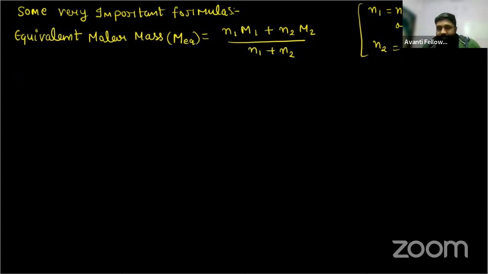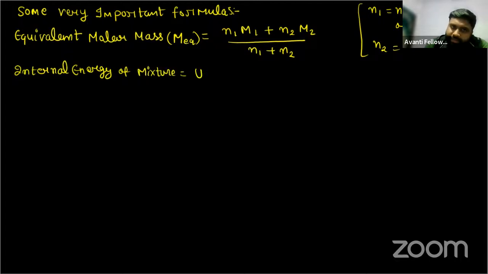Now, internal energy of the mixture is given by U1 plus U2 plus U3. So whatever the values, you can just directly add them.